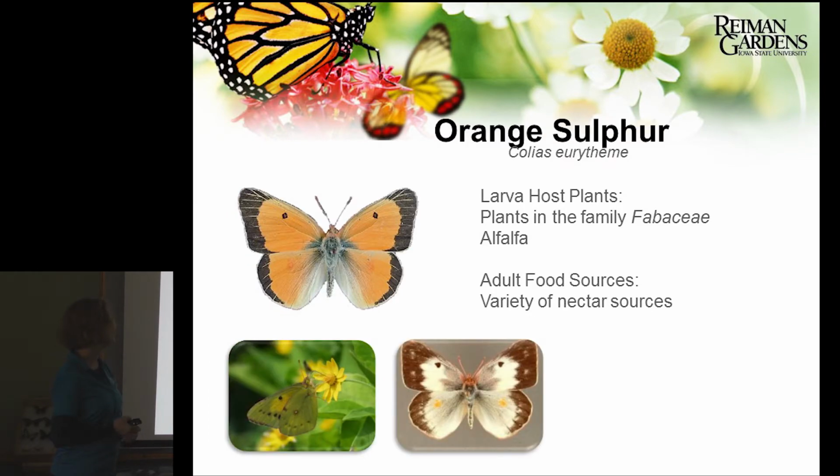And this is the orange sulfur. So very similar to the clouded sulfur. We always tell people that if you look on your field form, we put this butterfly on the same line, just separated by a slash. Because they have so many different forms and color patterns, it's often difficult to distinguish the orange sulfur from the clouded sulfur, but they also can intermate.